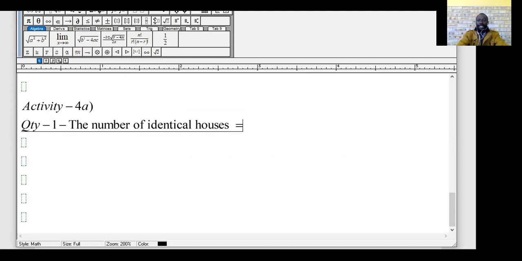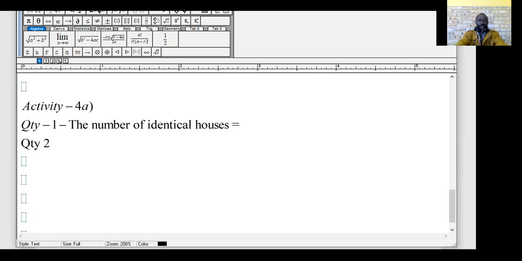We will later describe whether it is a variable quantity or not. Then the next thing we want to look at is quantity 2.